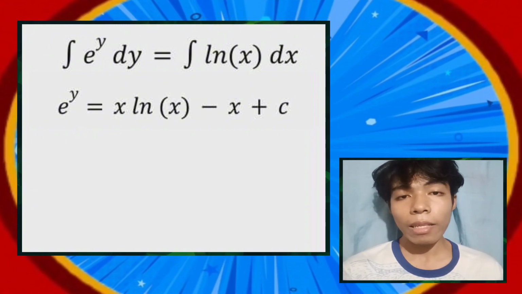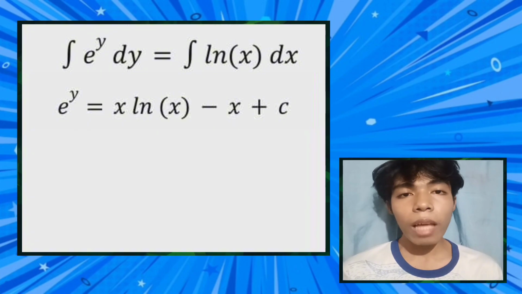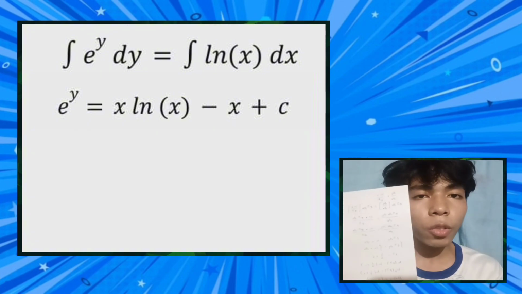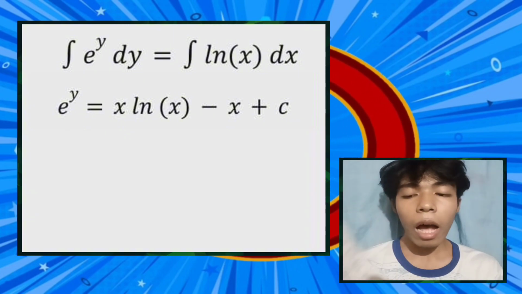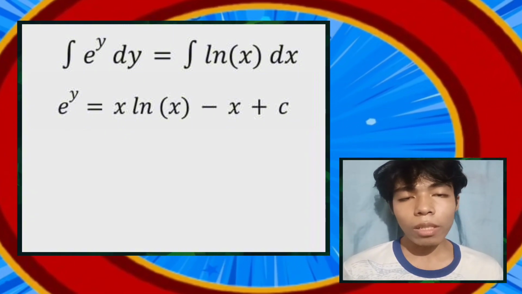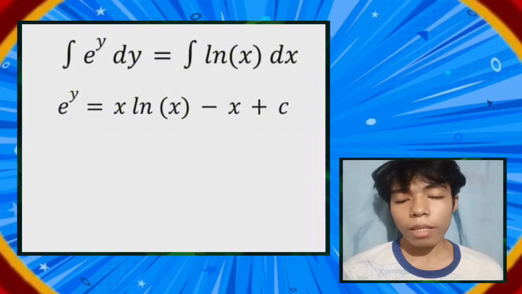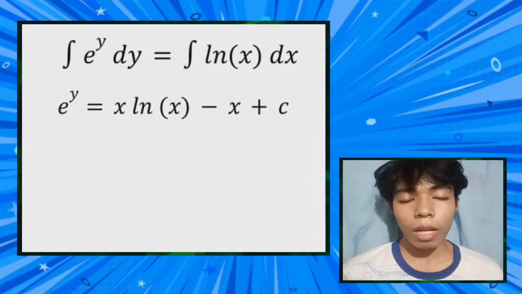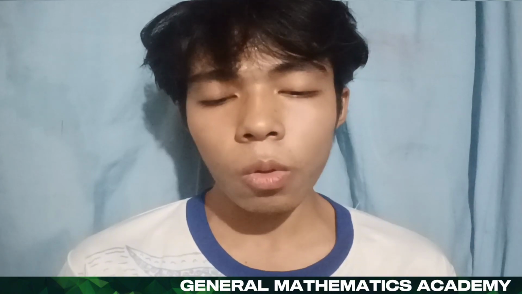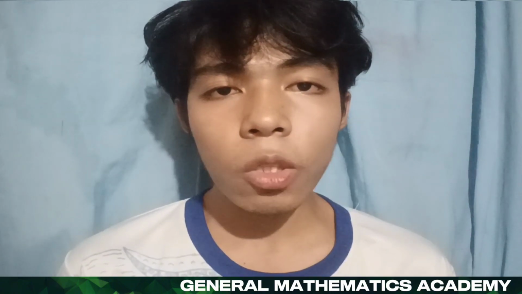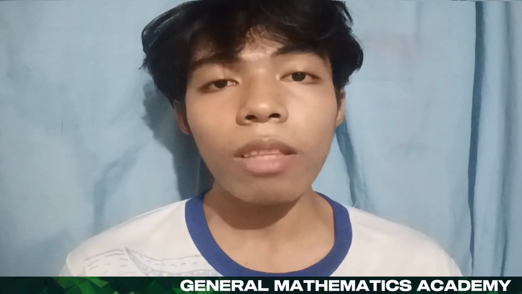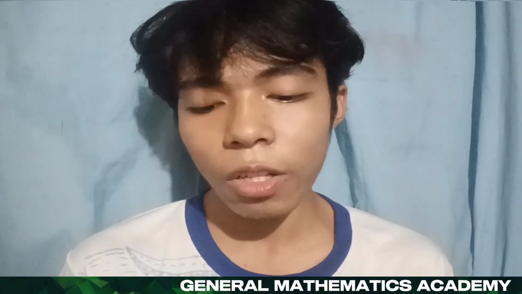On the right-hand side, the indefinite integral of the natural logarithm of x with respect to x, according to the theorem, will give us x times the natural logarithm of x minus x. Don't forget to include the positive arbitrary constant c when taking the indefinite integral of a certain function.